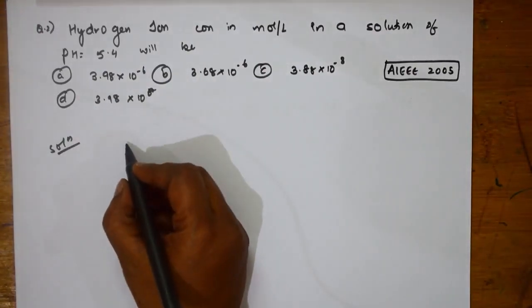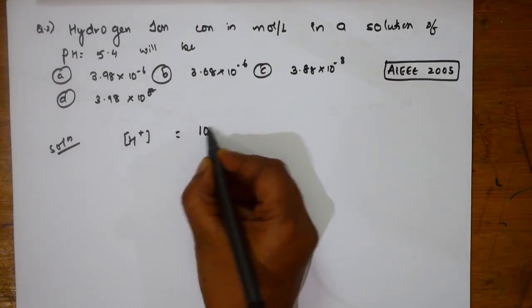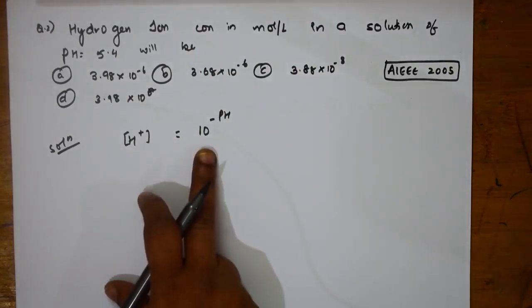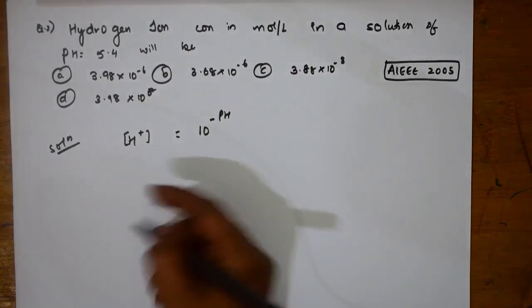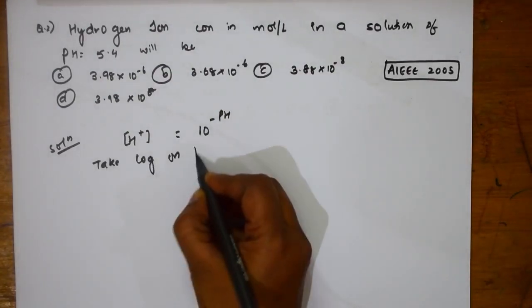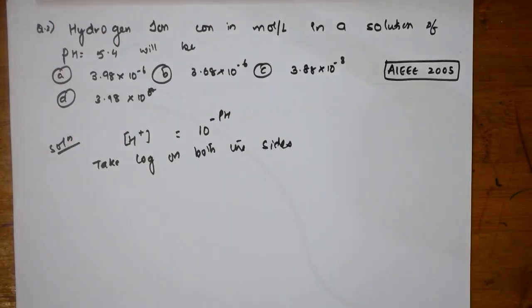First of all, we will write the formula. We have learned H plus is equal to 10 raised to the power of minus pH. This is what we have said. One decrease in pH, the acidity increases 10-fold. Now take log on both the sides.